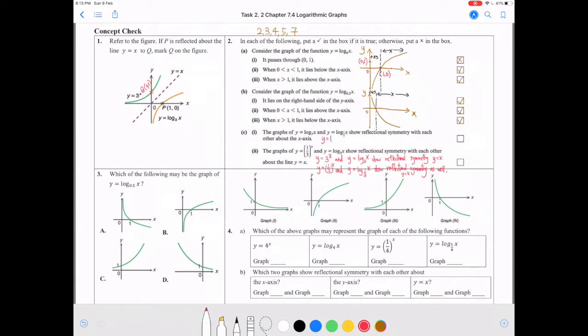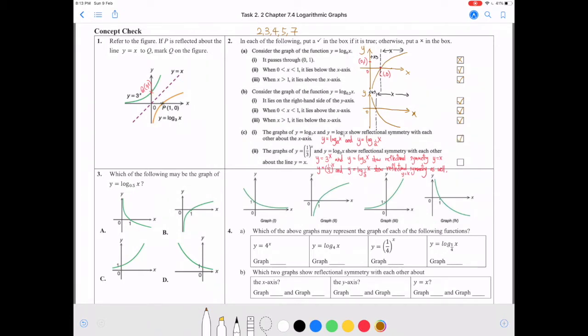Y equals log base a of x and y equals log base 1 over a of x will show reflectional symmetry about the x-axis. So this one is correct.